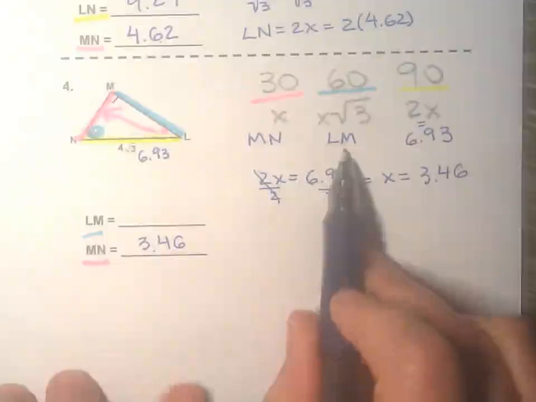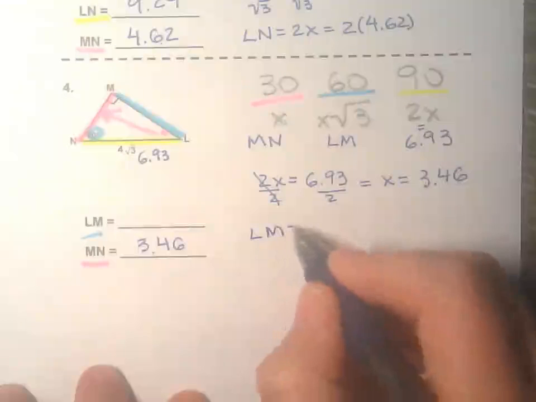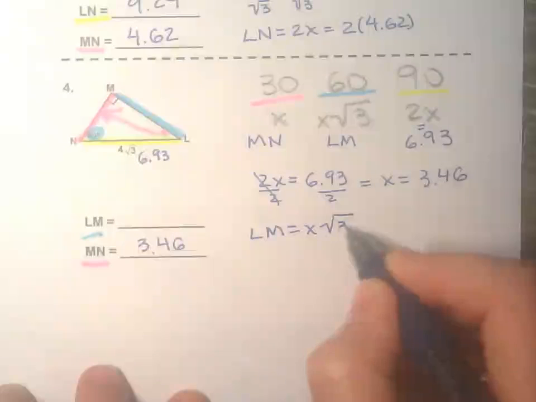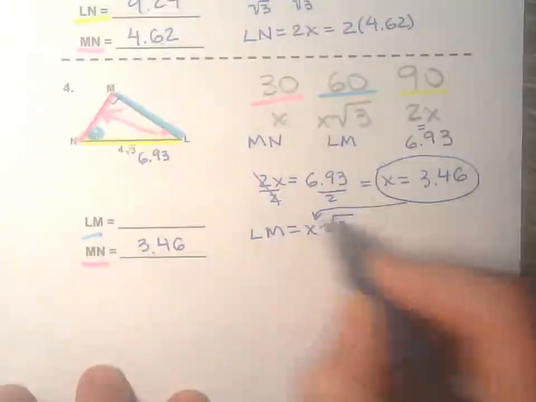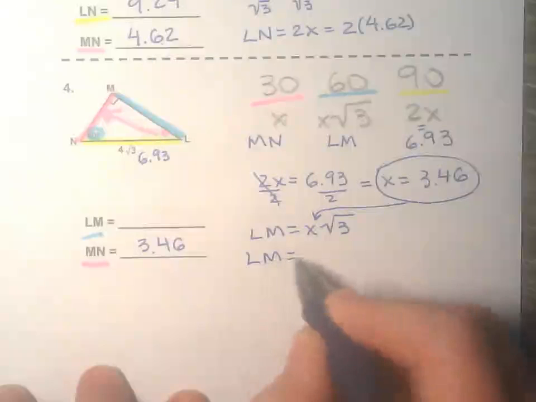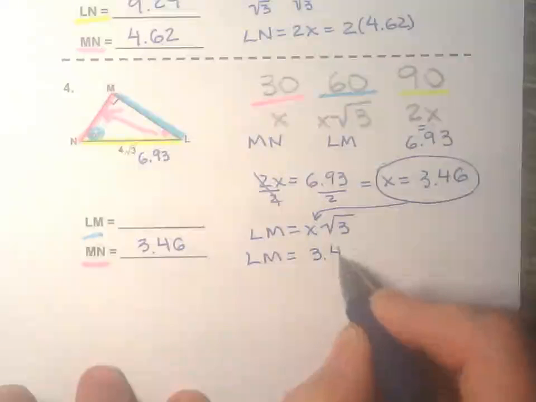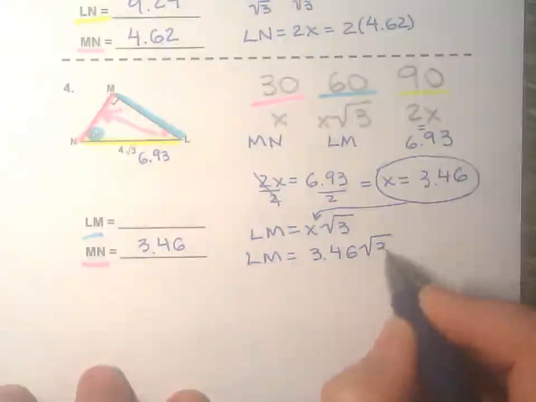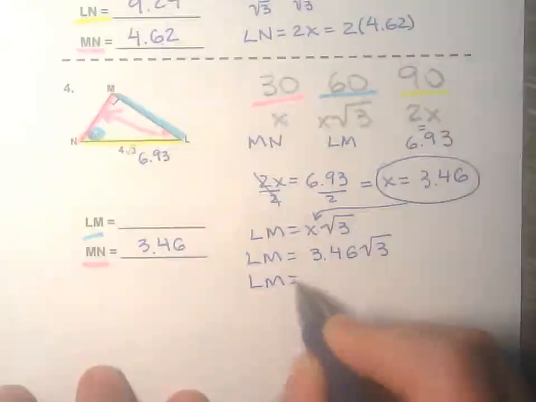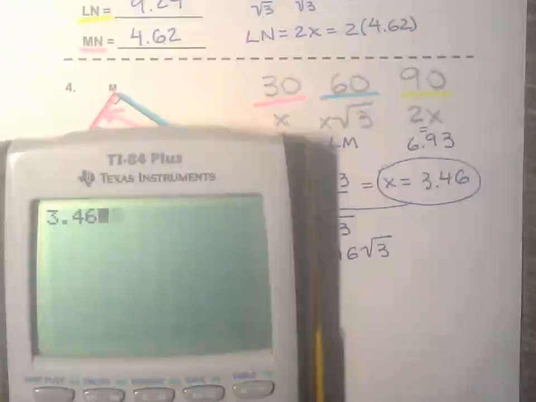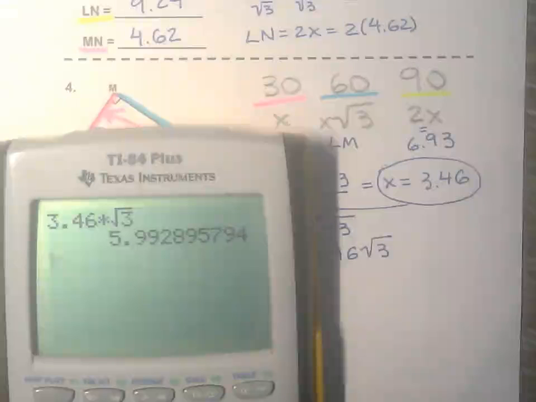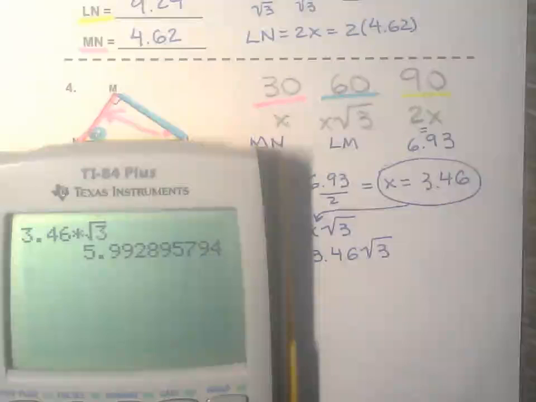Now we need to find LM. LM is X square root of 3. I know X is 346, so go ahead and plug that in. 346 times square root of 3. So 599.